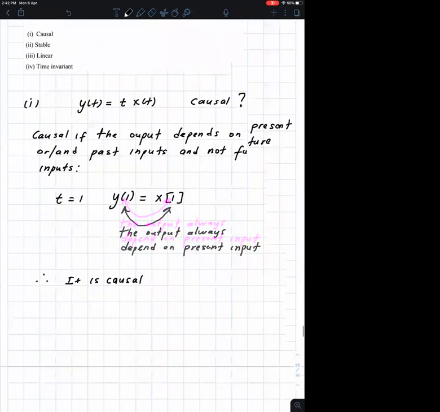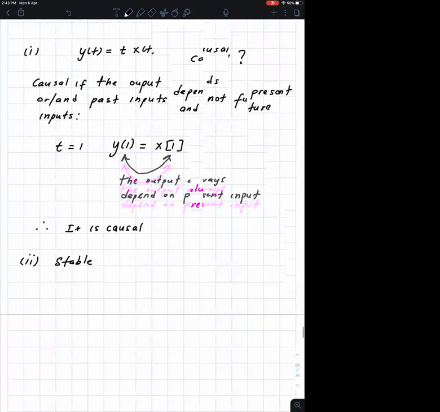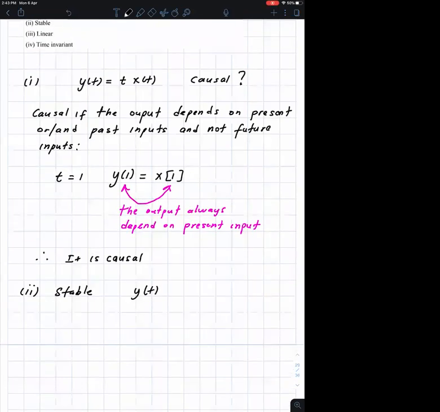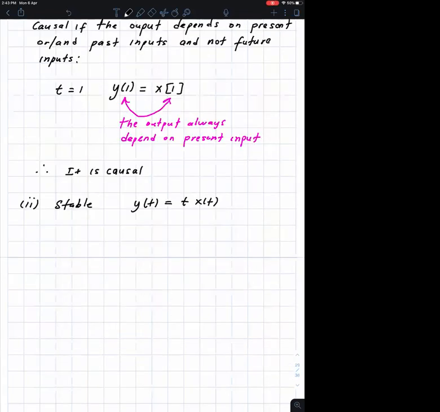Is it stable? What happens when t goes to infinity?